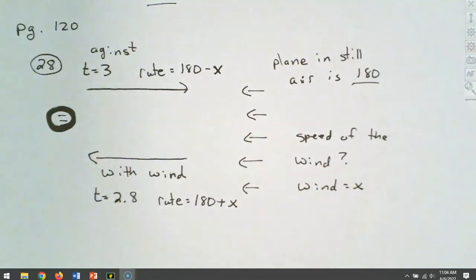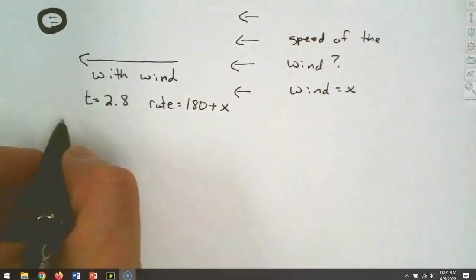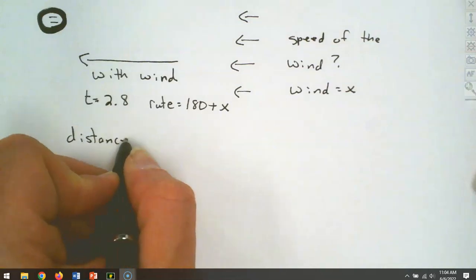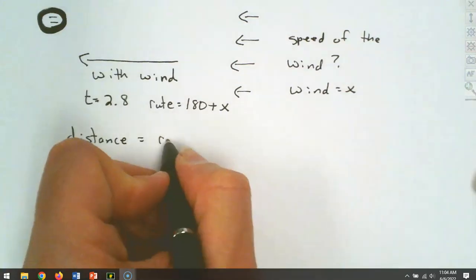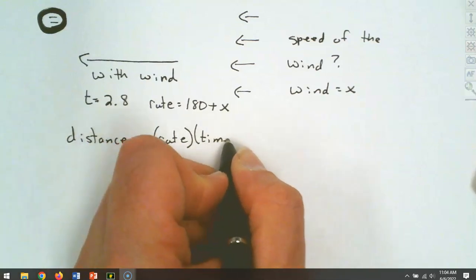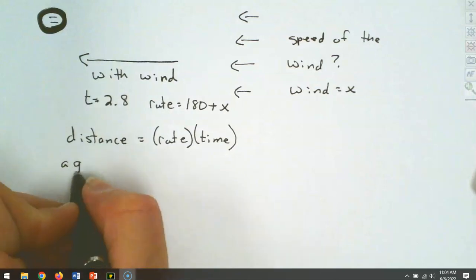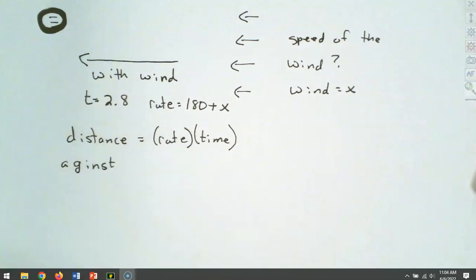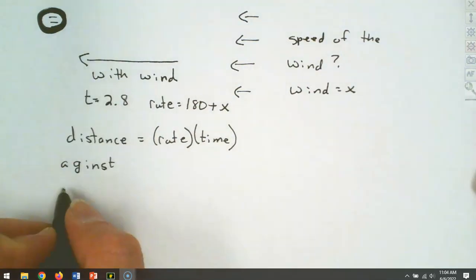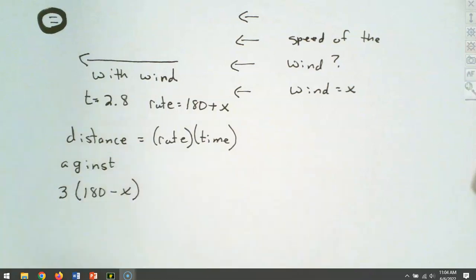They should equal each other. Our distance formula is your distance is going to equal your rate of speed times your time. And when we travel against the wind, that is going to be rate times time. So that's going to be 3 times 180 minus x.